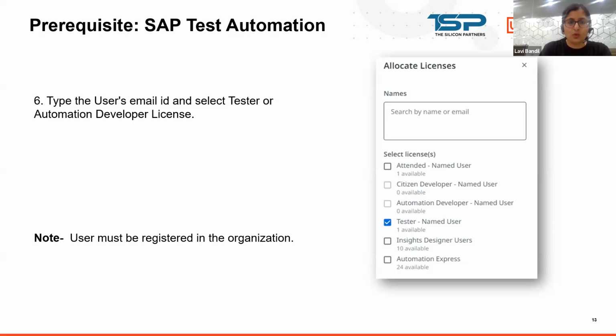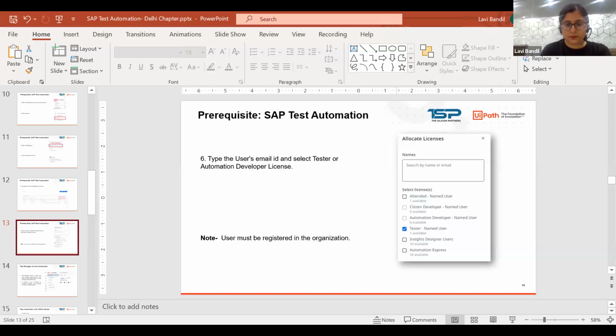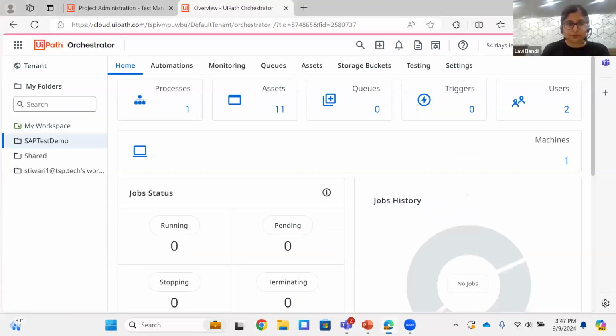So let me give you a quick view of how this will look in the real cloud orchestrator. As you can see, this is my orchestrator. Okay, so let me share my orchestrator with you.